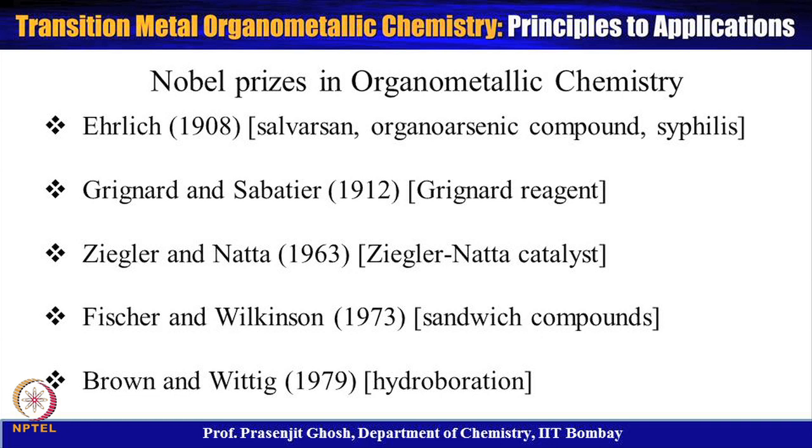Now, to give you a feel for how important this field is, I would say that 9 Nobel Prizes have been awarded to the area of organometallic chemistry.